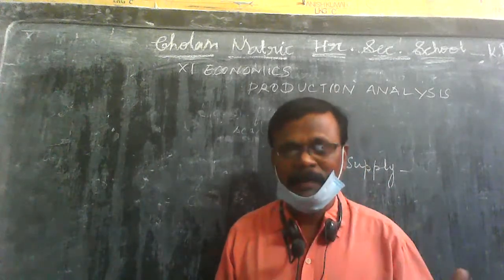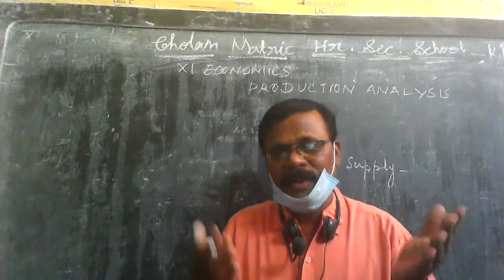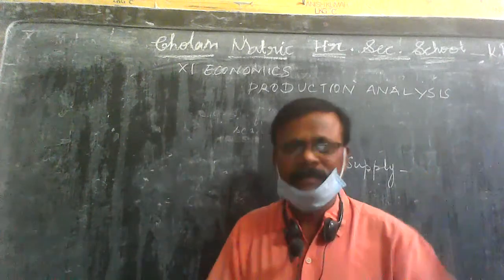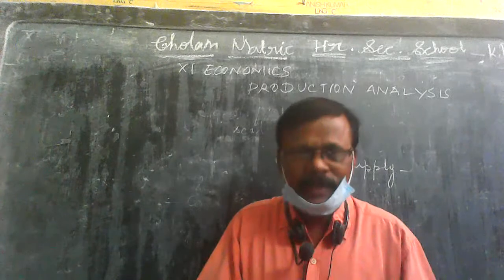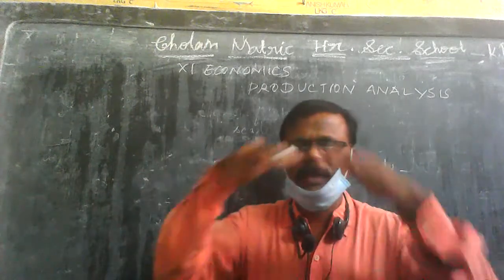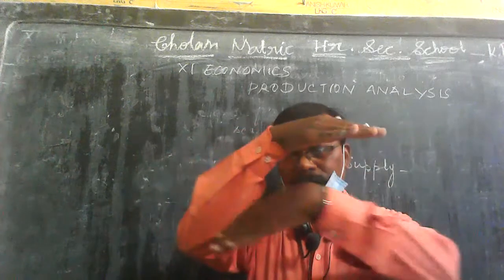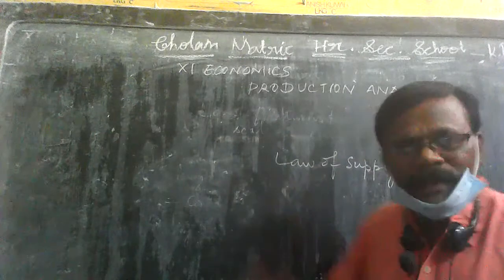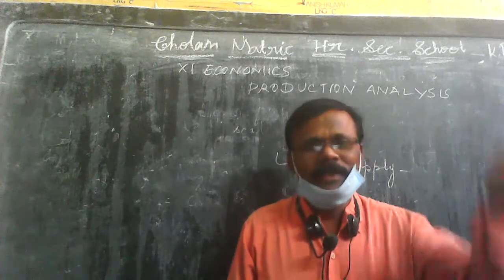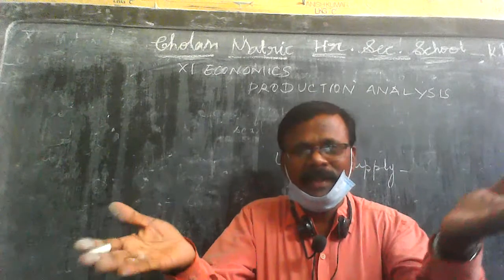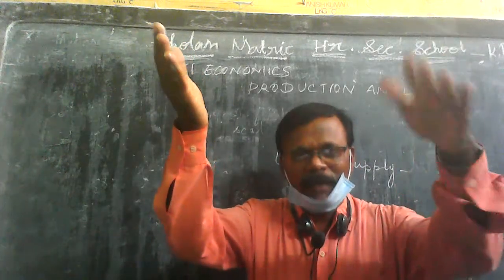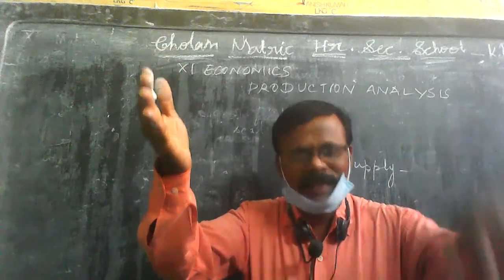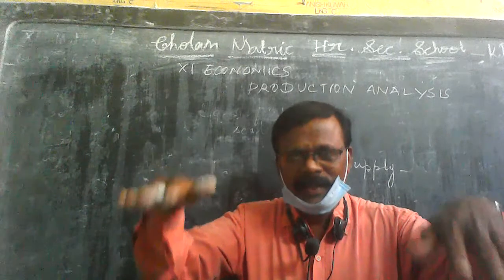Have you understood this? So, according to the law of demand, when price increases, quantity demanded decreases. When price decreases, quantity demanded increases. So, inverse relationship, that is negative relationship. Whereas here, when the price increases, the quantity supplied increases. When price decreases, quantity supplied diminishes.